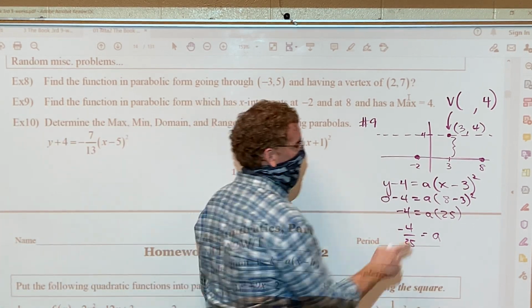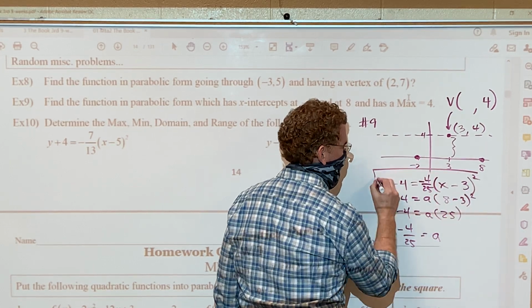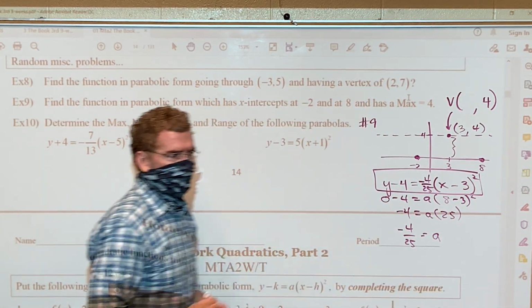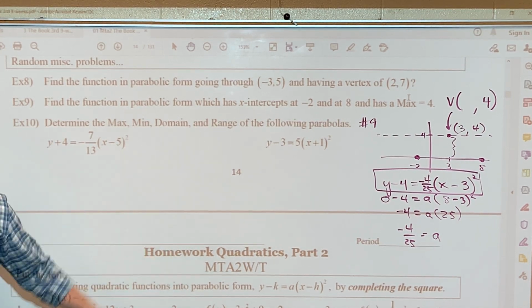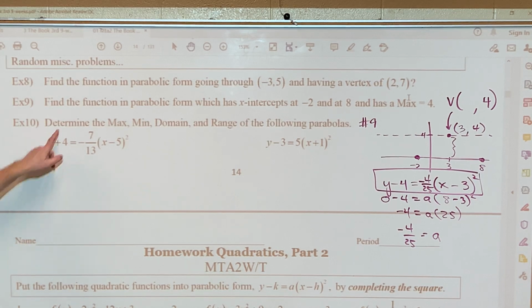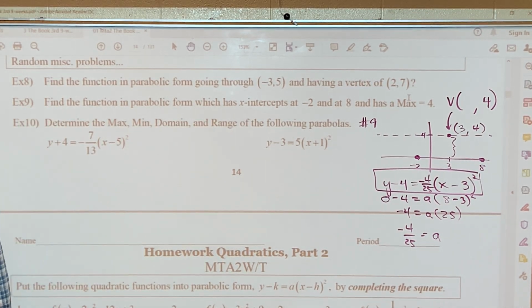And now I can take that and plug it back in to this. You tracking with me? But sketching a little picture when you're in doubt is a pretty good idea. And even if it's not a good idea, how much time have you spent? I mean, not much. All right, what about this? Determine the max, min, domain, and range of the following parabolas.